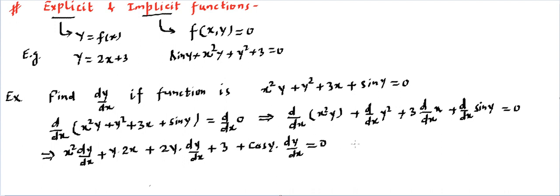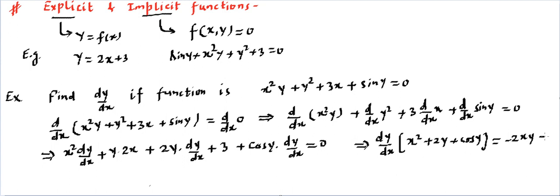Then you can see wherever dy upon dx is coming, you can take this dy upon dx as common. Once you take this common, there will be certain terms coming in, like x square in this case, plus 2y plus this cos y, and this must be equal to, let's take all the terms to the other side, so the other side is going to be minus 2xy, and then minus 3.